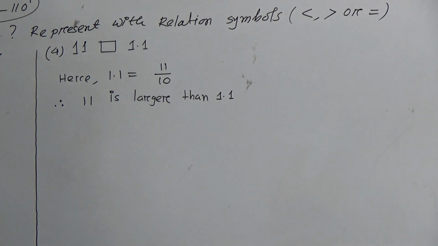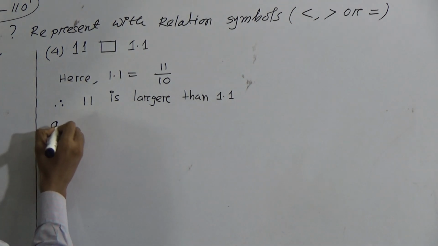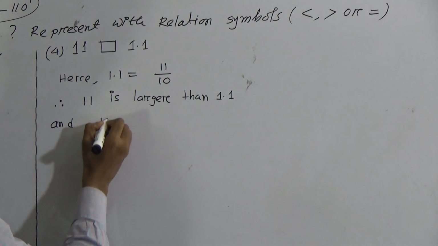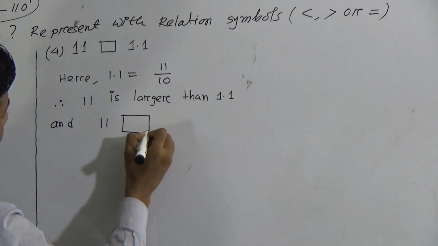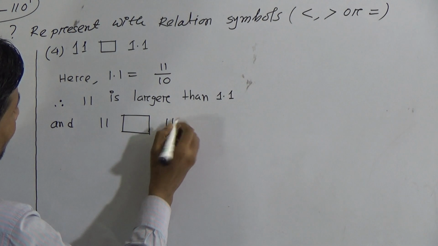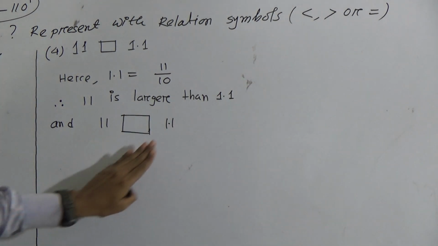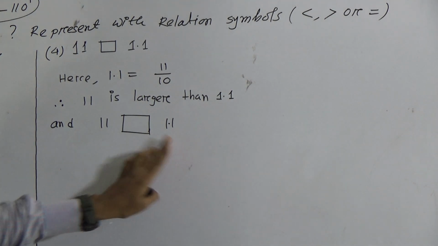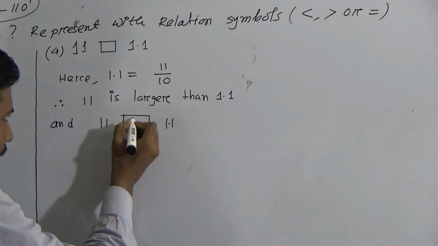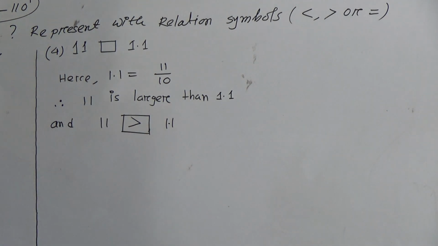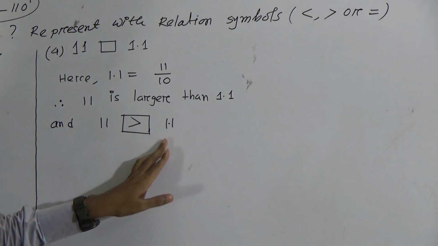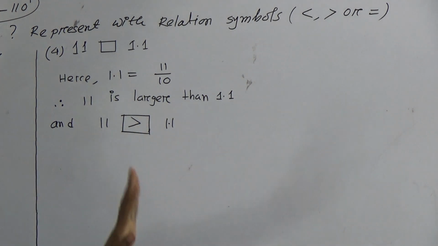Okay student, now see the second step, represent with relation symbol. 11 is bigger than 1.1. So you have to use this symbol here. That means 11 is bigger than 1.1.